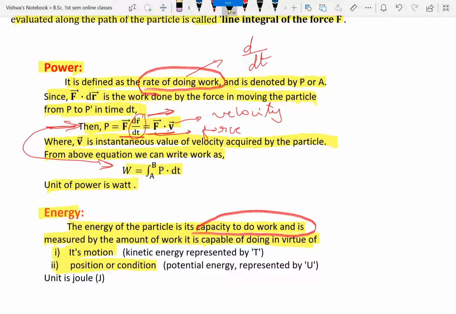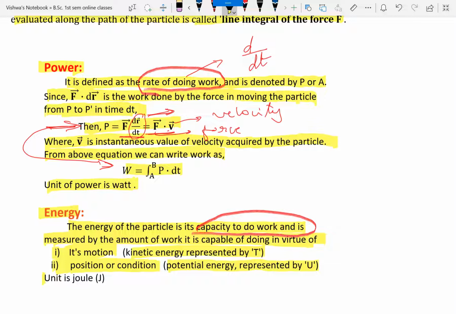If the measured energy is by virtue of its motion, then that energy is called kinetic energy. If the measured energy is by virtue of its position or condition, then that is called potential energy.